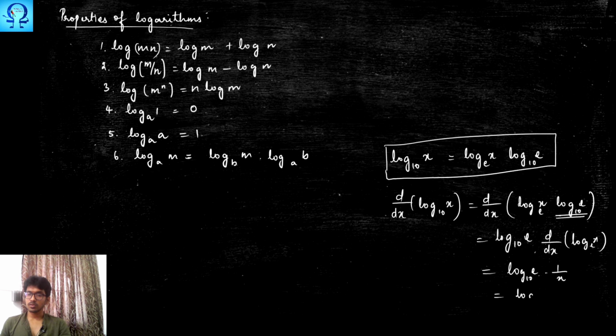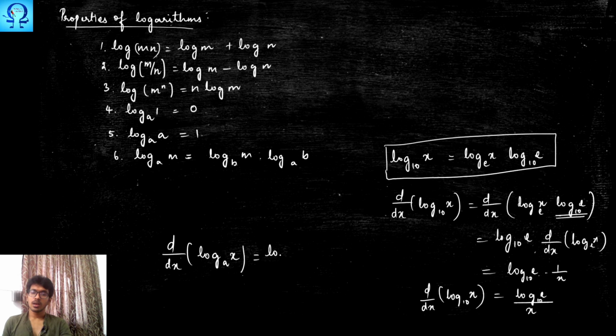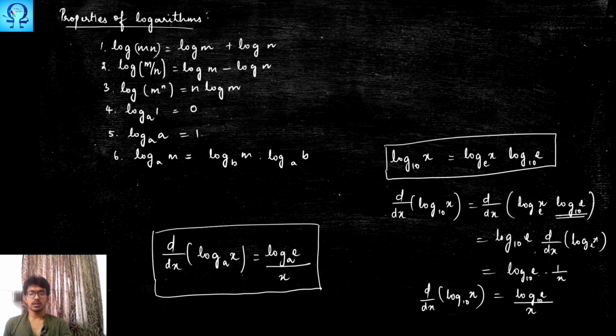So this is going to be log e to the base 10 upon x when you differentiate log x to base 10. So with this, let us generalize: d upon dx of log x to any base a is going to be log e to the base a upon x. This is the generalization.